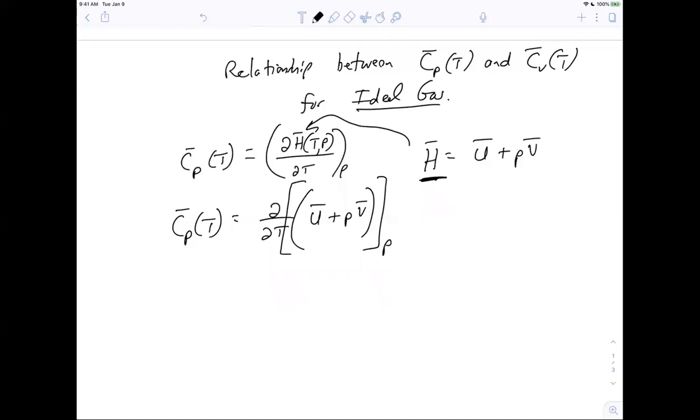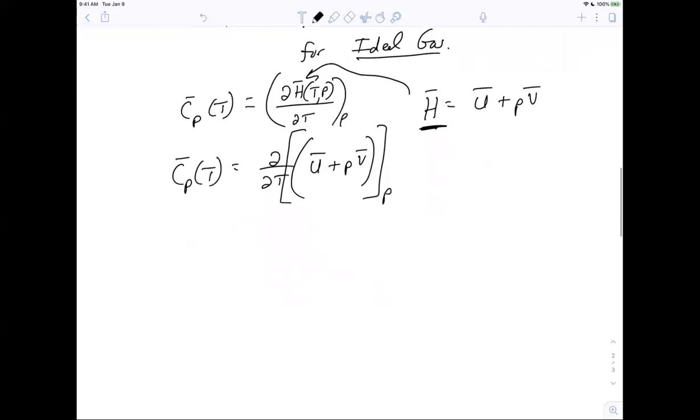Since we have a sum, we can take the derivative of a sum as the sum of derivatives, and that looks like this: the partial of U bar with respect to T at constant P. And since pressure is constant, for the derivative of this product P V bar, we can hold P constant. So we can treat that as a constant. So that P comes out, and this is just going to be d V bar/dT at constant P.